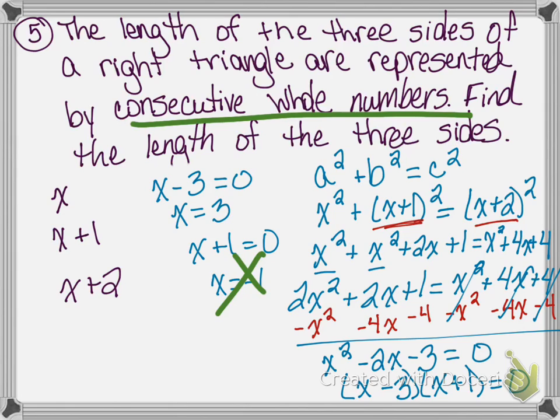I got to throw it out. Okay, so I'm going to start with 3. x is 3. So what's x plus 1? What's x plus 2? Good. So my answer to that is 3, 4, and 5. Okay?